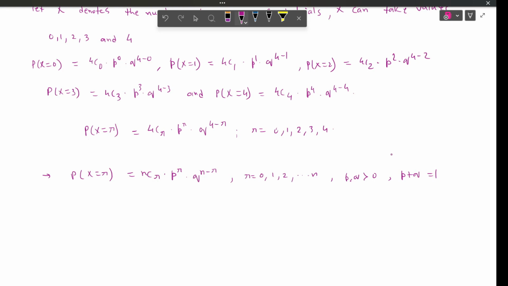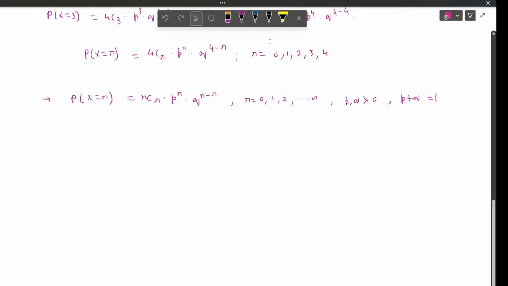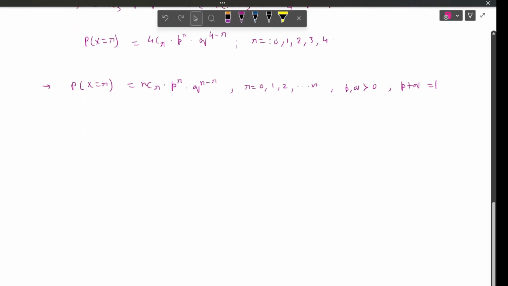now let us move forward. If n trials constitute an experiment and the experiment is repeated n times, then the frequencies of 0, 1 to n successes can be given as, so let me write this point here.